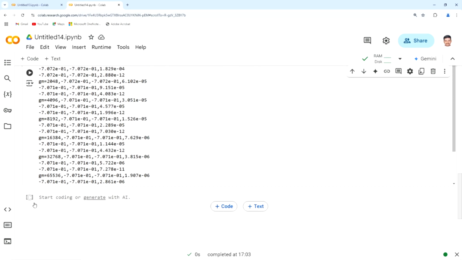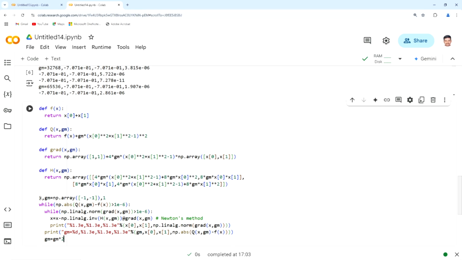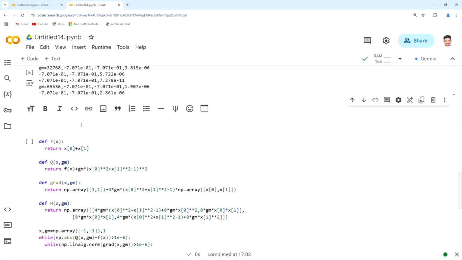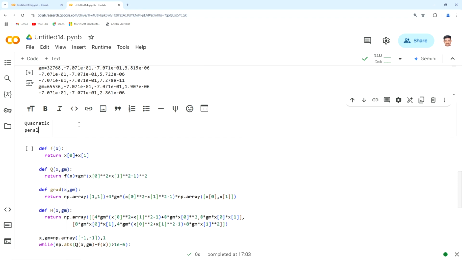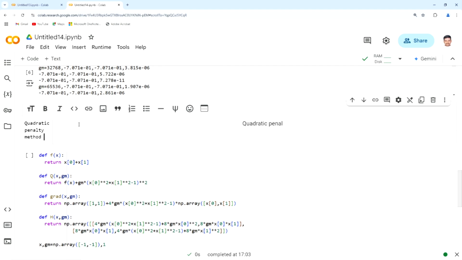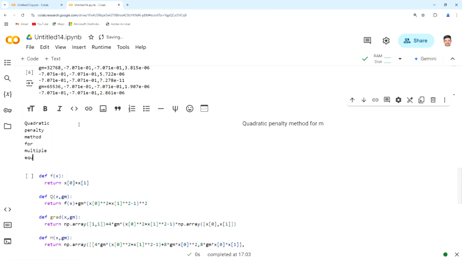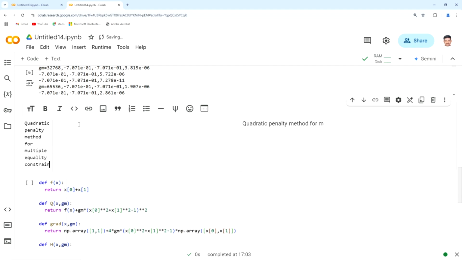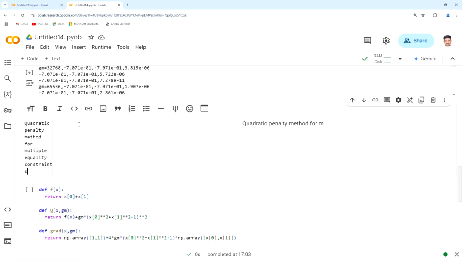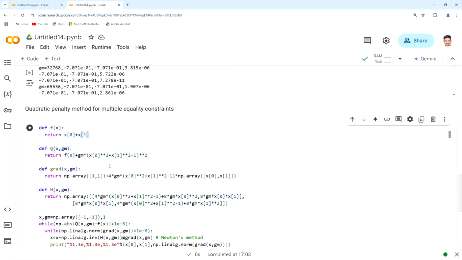So, we will copy this algorithm and of course, yeah, name it quadratic penalty method for multiple equality constraints, okay.